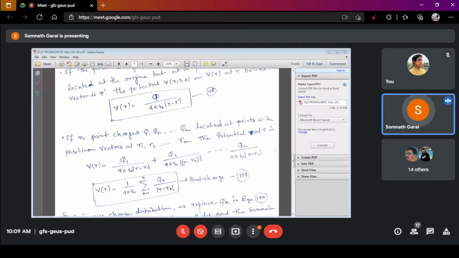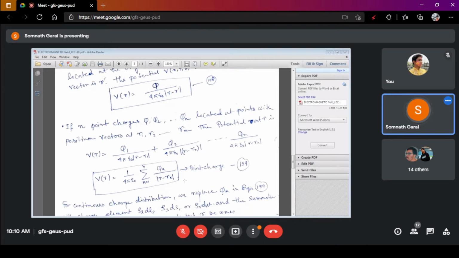Now, if we take the summation in a generalized form, V of r is equal to 1 over 4 pi epsilon naught, summation of k equals 1 to n, qk over mod of r minus rk.